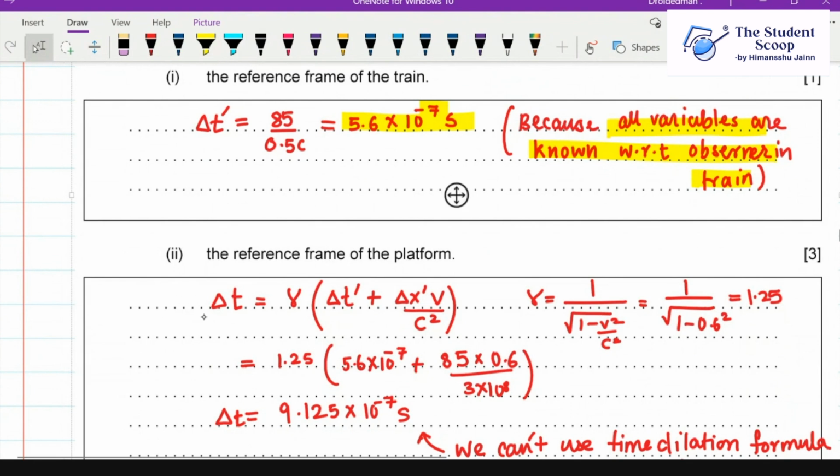So delta t is gamma times delta t dash plus delta x dash v over c square. Once we substitute all those values, we will get delta t equal to 9.25 into 10 raised to minus 7. So here we clearly saw that we can use the time equation to get the value.